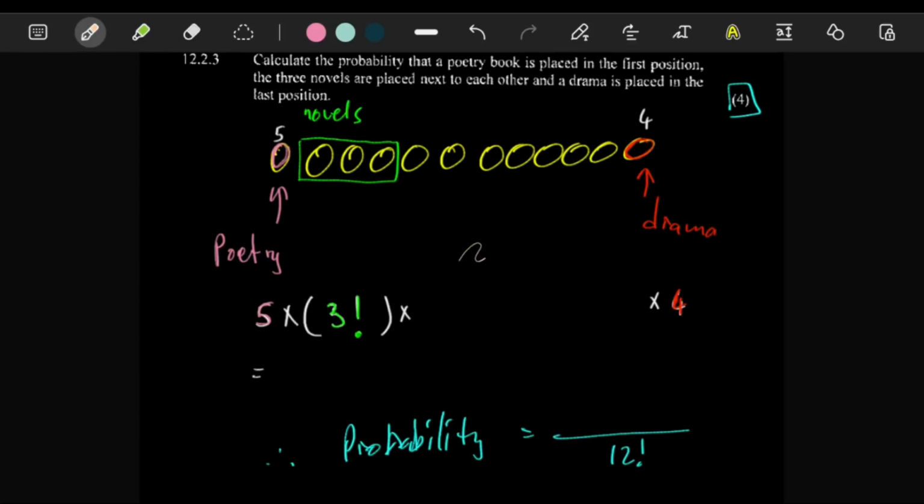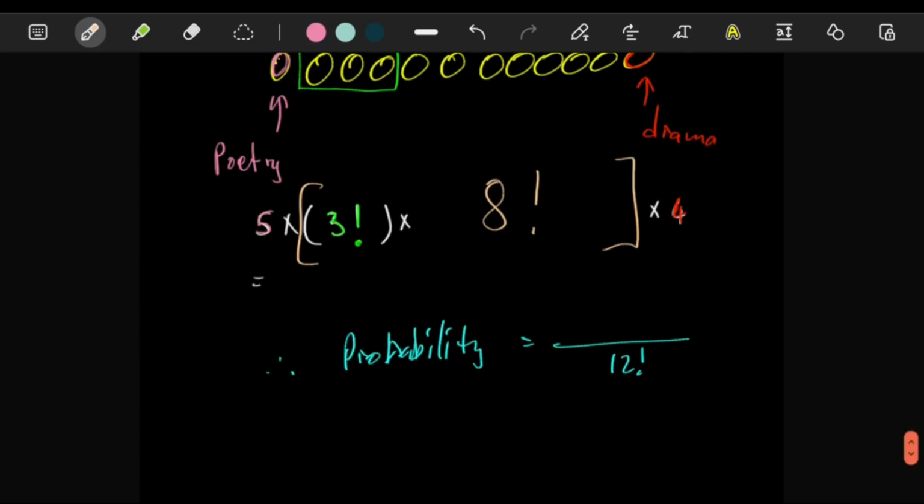So the 8 objects can be arranged in 8 factorial ways times these objects that can be arranged in 3 factorial ways. That's for the middle. The entire middle is going to be 3 factorial for these 3 objects multiplied by 8 factorial for these 8 objects. Okay, that's much better.